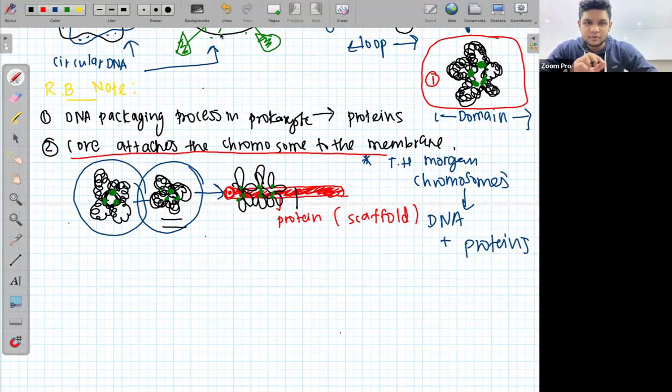That last point, the core attaches the chromosome to the membrane. Is it clear?